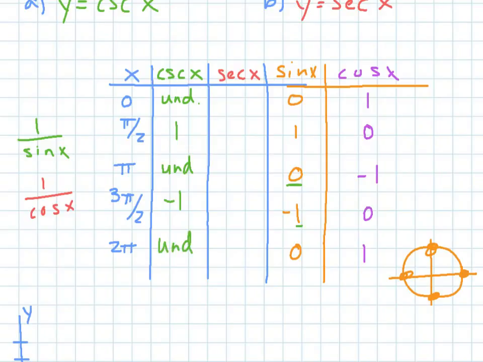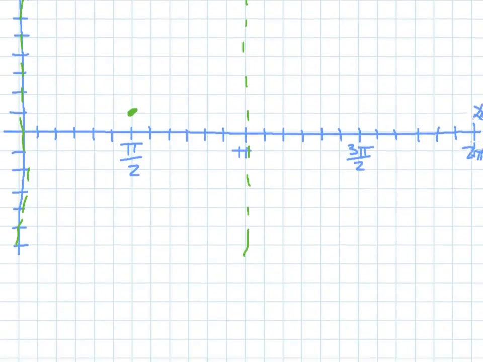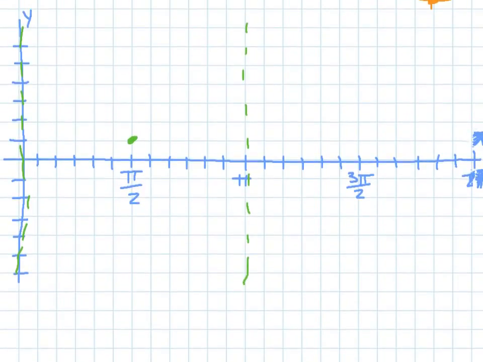Okay, now, here are your graphs. That doesn't give you a lot of points, does it? Looking at the graph right now, that doesn't really give you much to go off of where you're supposed to go next.